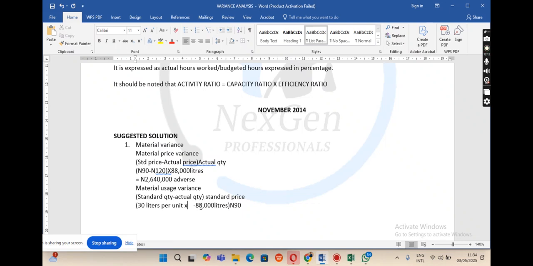You cannot compare someone who has 2 wives and someone who has 1 wife together.